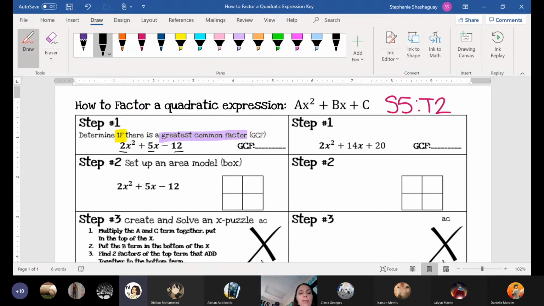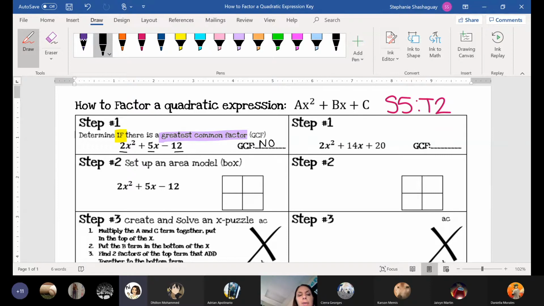And based on those numbers, can I divide any of those numbers by anything besides 1 and still get a whole number? Well, no. That means there is no GCF for this quadratic expression.